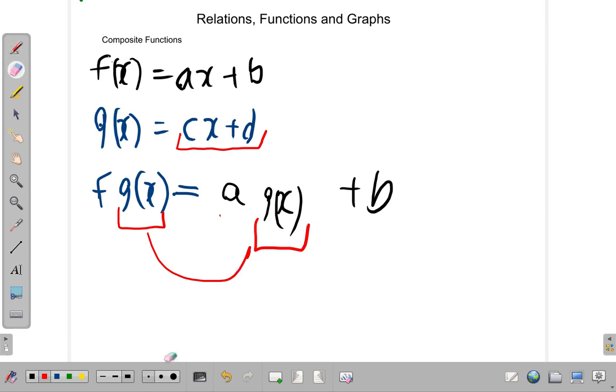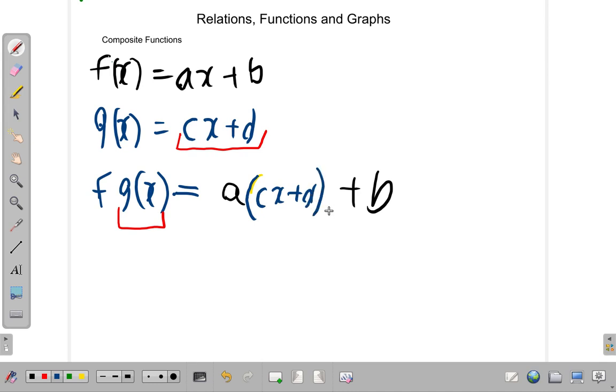But then we go a bit further. What we can do, right, is this. We have g of x is cx plus d. So we have a times cx plus d plus b.